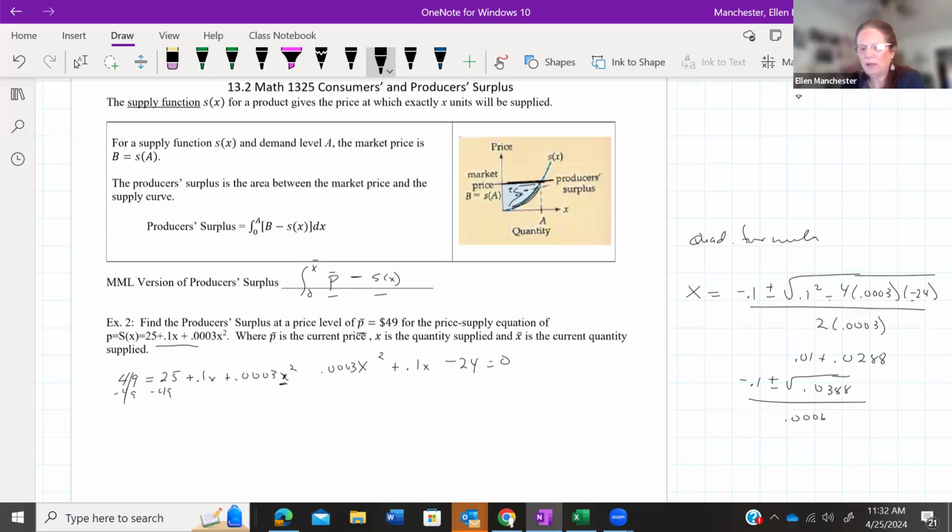So negative 0.1 plus the square root of 0.0388, and then hit enter, divided by 0.0006. So when I do the plus version, I get 161.63.